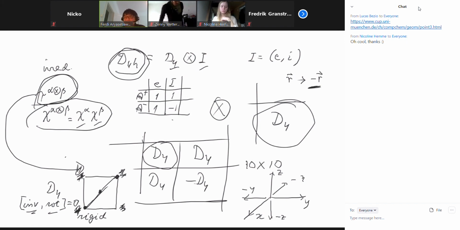I think it's important later when you do the continuous groups. You can write rotations in terms of angles, in terms of changes, but not the inversion. You cannot write inversion in terms of continuous parameters.